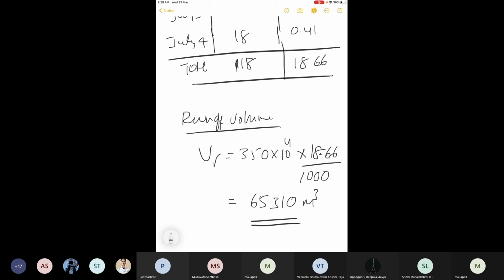Okay, so this is VR for curve number 70, and this is VR for curve number 80. So when curve number increases, your runoff will increase. So this is all about finding out the runoff or peak runoff expected from a watershed.